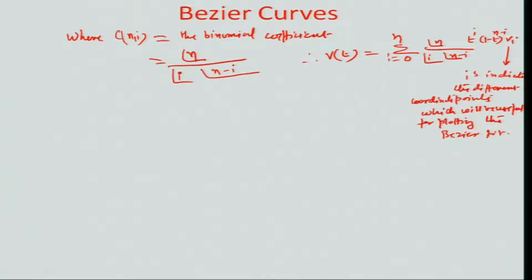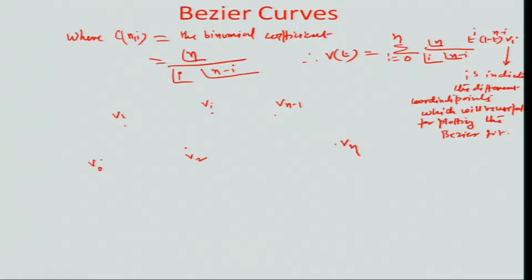So the situation is something like illustrated here. Let us say we have a set of n plus 1 points, starting with V0, another point somewhere here V1, another point somewhere here V2, then probably some point Vi, and then all the way to V(n minus 1), and finally Vn.